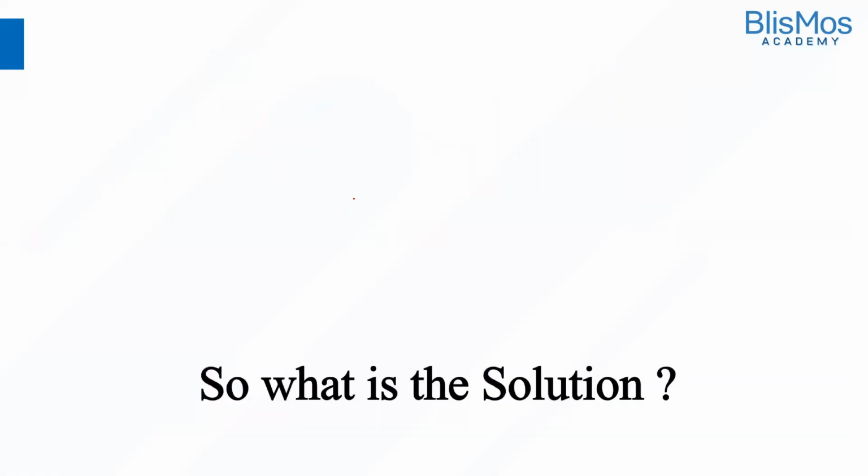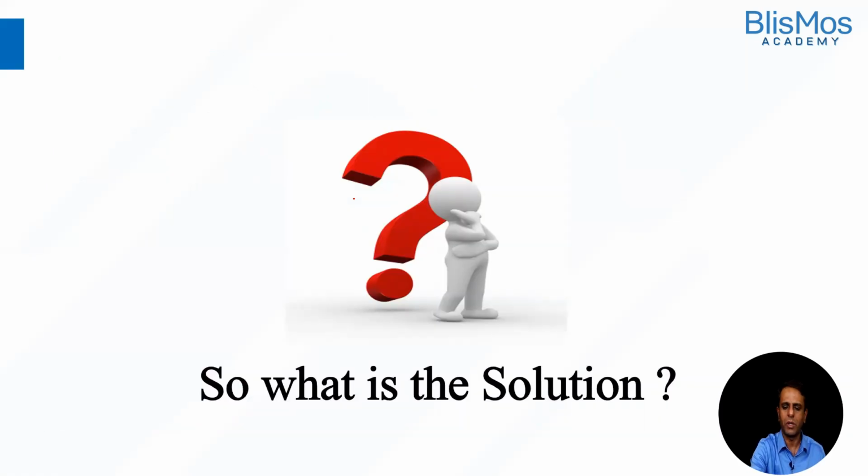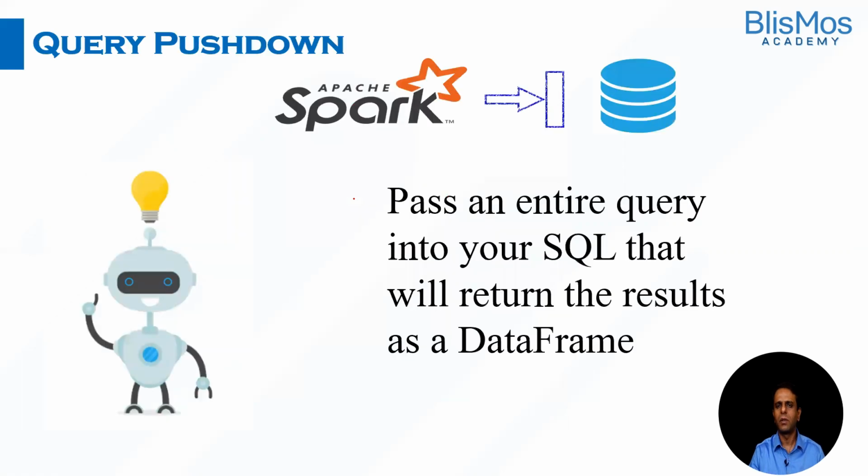Then what is the solution? What should we be doing? The better thing is, whenever you want to create a data frame or do some transformation by selecting only a few records, the best option is, instead of allowing Spark to take a call to push down the filter, you go ahead and create a query.